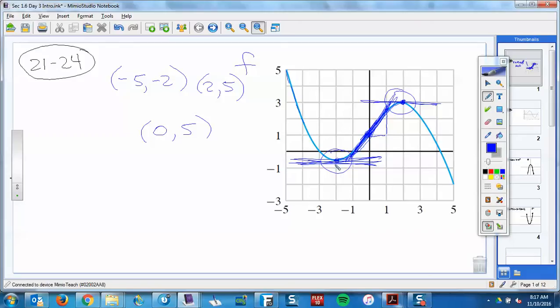Yes, absolutely. We talked about that. That's the first derivative test. This is going to be a local min, and that's going to be a local max right there. Remember, wasn't that the first derivative test yesterday? When F prime changes from negative to positive, F changes from decreasing to increasing. That's a local minimum. When F prime changes from positive to negative, F changes from increasing to decreasing. We got a local maximum.